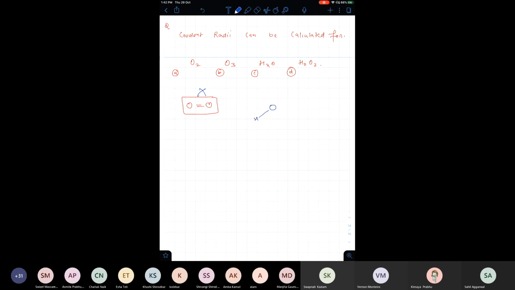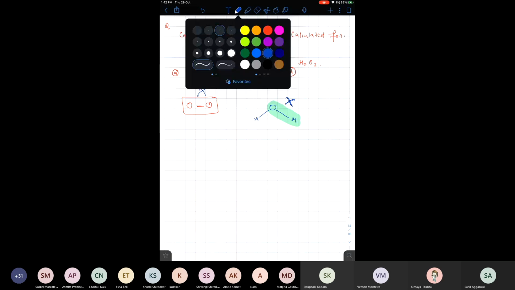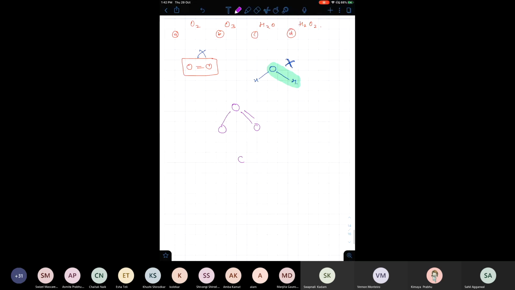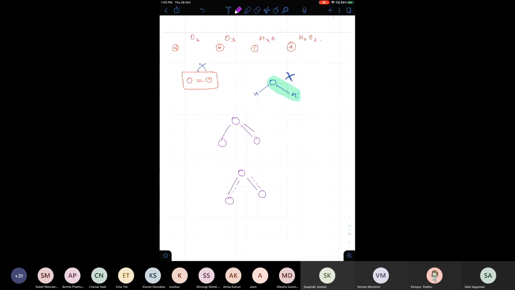Water में we do not have same atoms, ये भी गलत हो गया। O3 में because of resonance there is a partial double bond character.